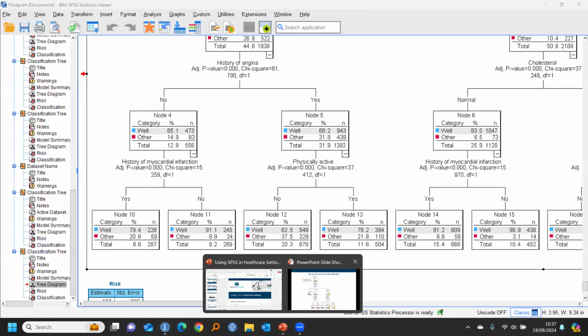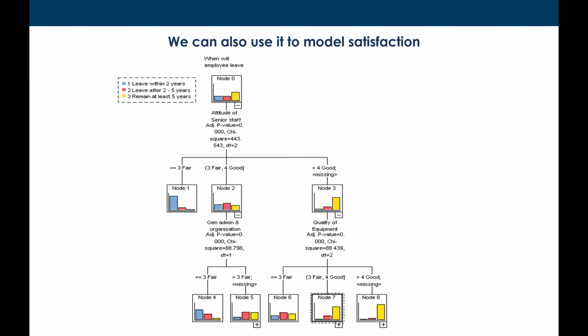So decision tree is a really powerful way to model data, to look at the relationships between multiple factors at the same time, and to build a multivariate model, which is pretty visual in nature and not too complicated to get your head around.